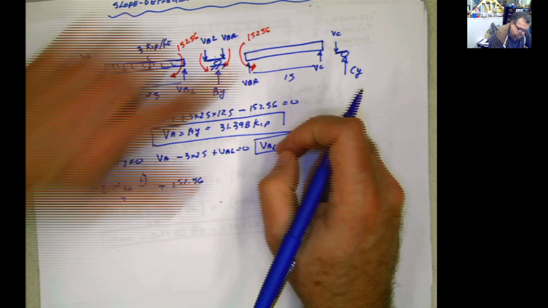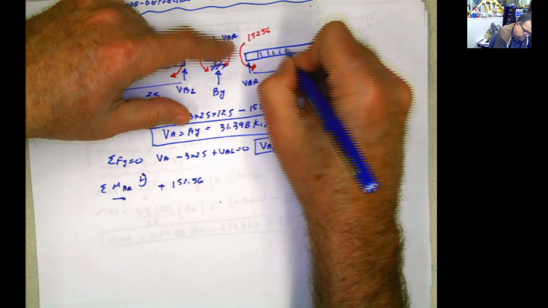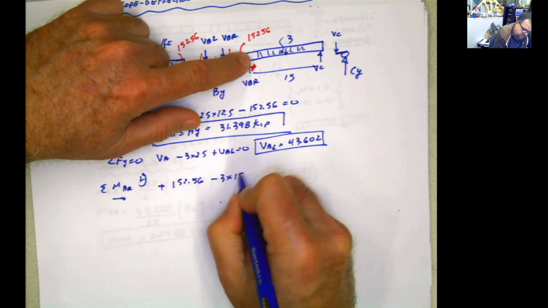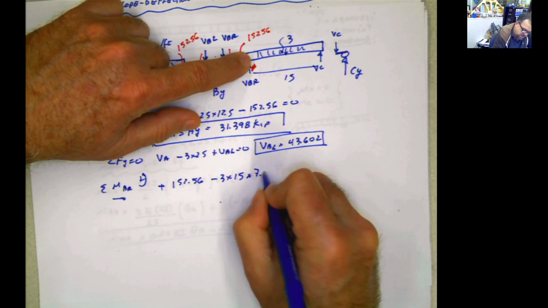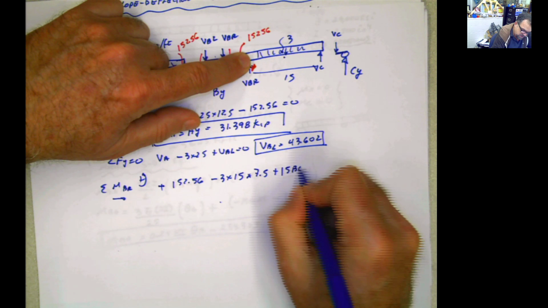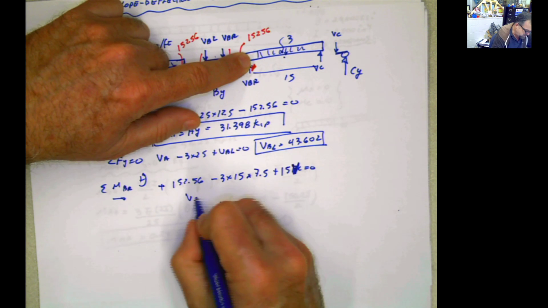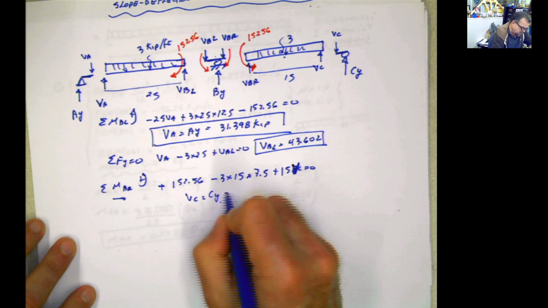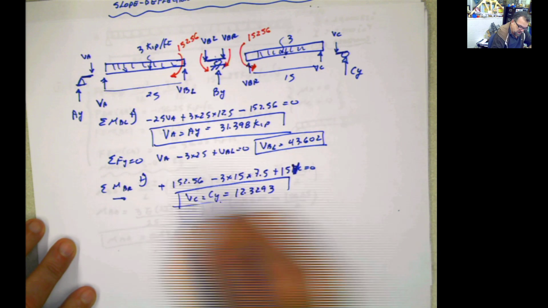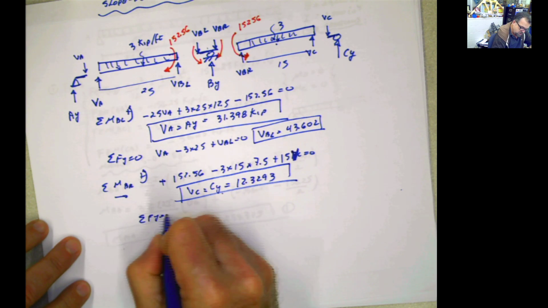I'm doing moment here, remember, positive, and this value here is 3, so minus 3 times 15 times 7.5, the location, plus 15 CY equals 0, so CY is 12.3293.